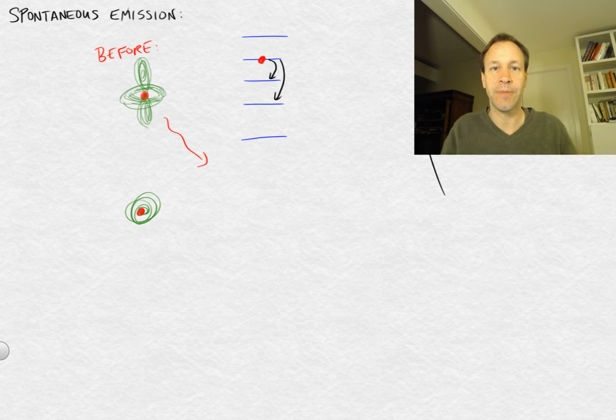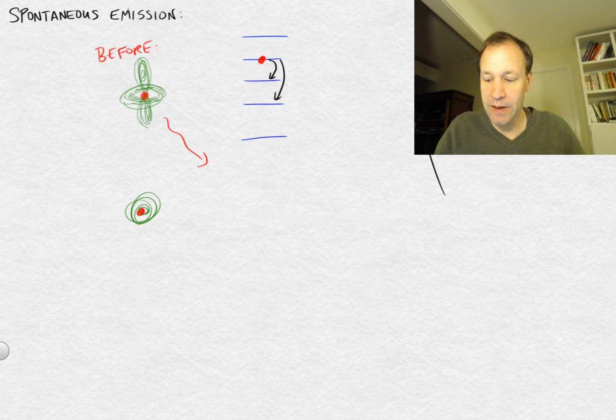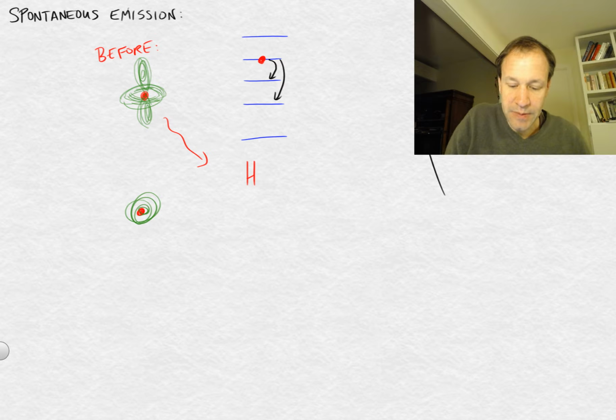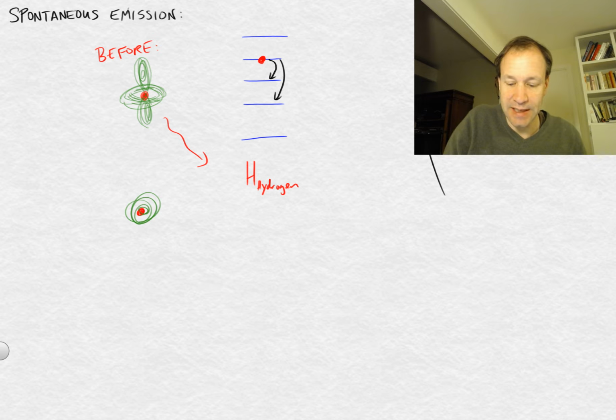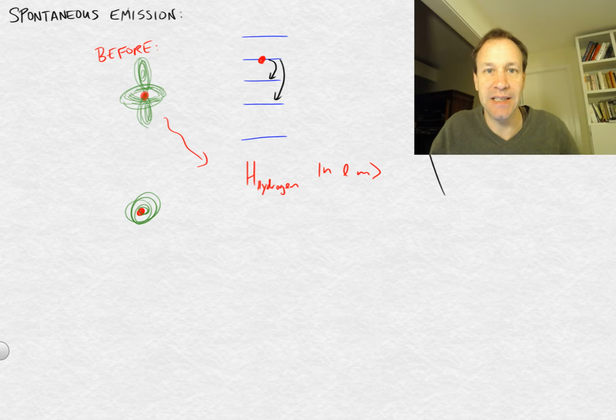Okay, so you might be confused at this point because we're thinking about some state, and let's say we're talking about the hydrogen atom, and we're saying that this state initially is in some energy eigenstate, which is not the ground state. So maybe one of these n, l, m states.